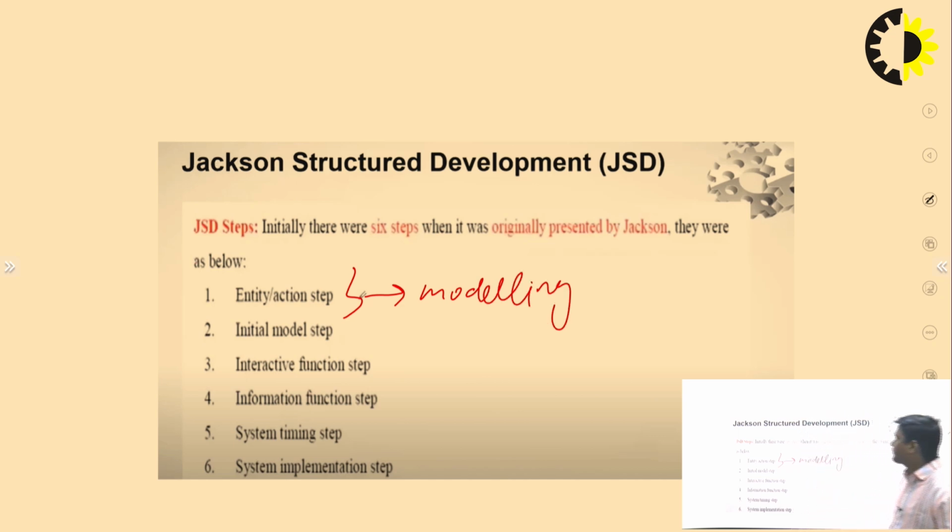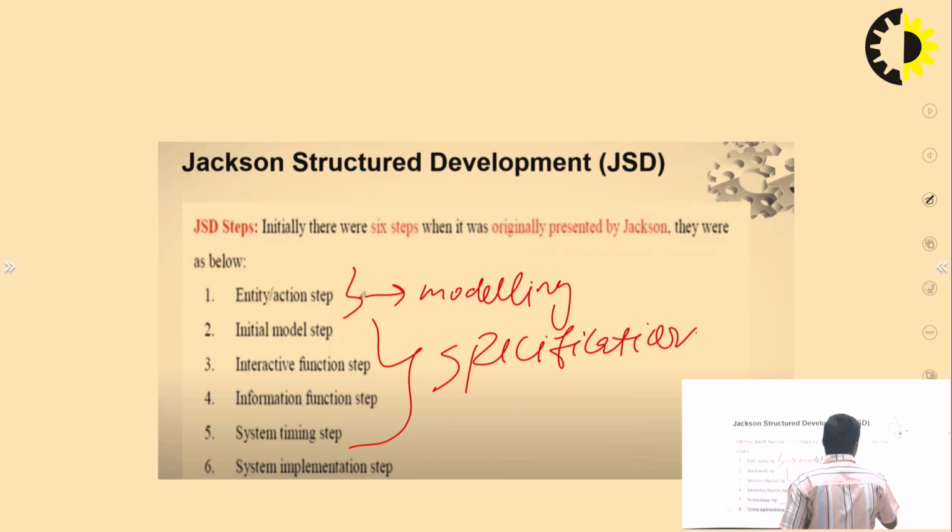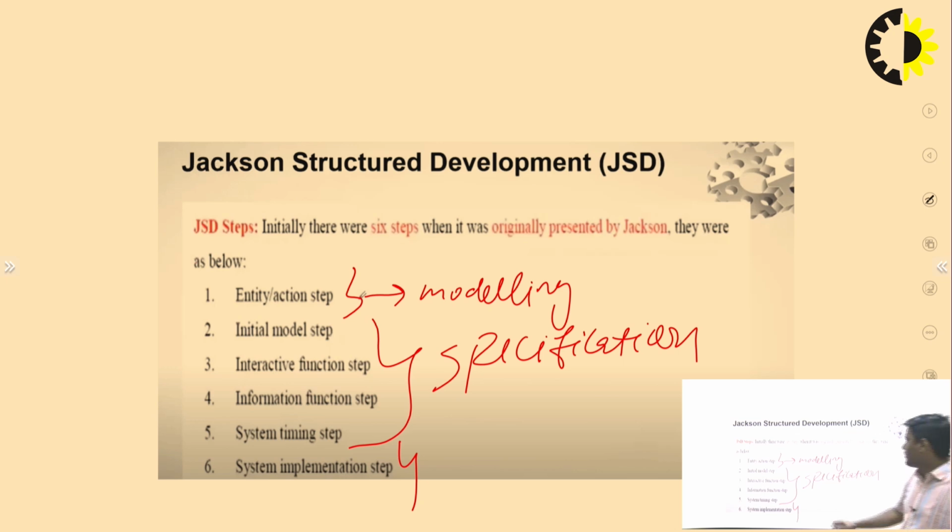And the second, the initial model step, interactive function step, information function step, and system timing step, all relate to the specification phase. Okay, and last is the system implementation step. This we can say is the implementation phase.